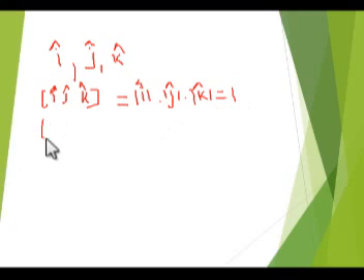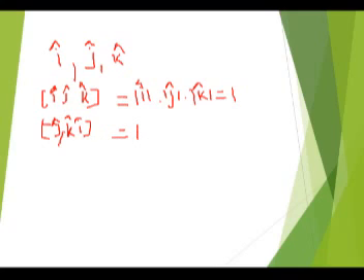And if we take J vector, one thing you have to remember, it is not a dot. I vector, if we take, then again we will get 1.